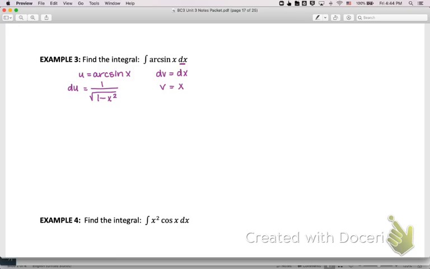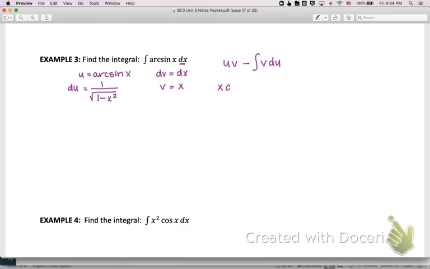Okay, so now we need u times v minus the integral of v du. This is why you always want your derivative to work out a little bit nicer, because the u takes the ugly part and pulls it out of the integral. So now what I end up on the outside is the arcsine of x times x, u times v.